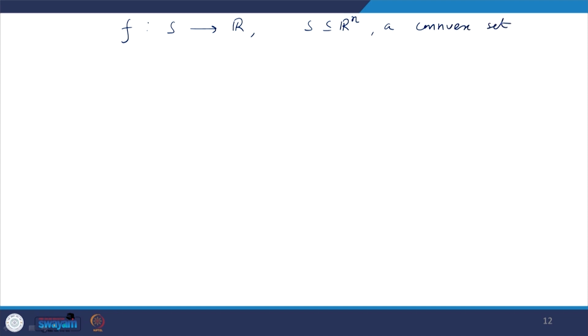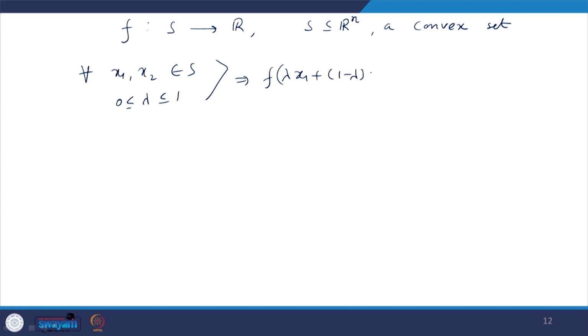Okay. And for all x1, x2 in S and lambda between 0 and 1, this implies that f of lambda x1 plus 1 minus lambda x2 is less than or equal to lambda f(x1) plus 1 minus lambda f(x2).